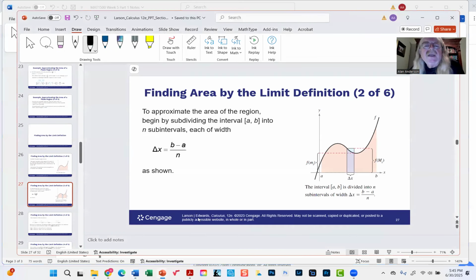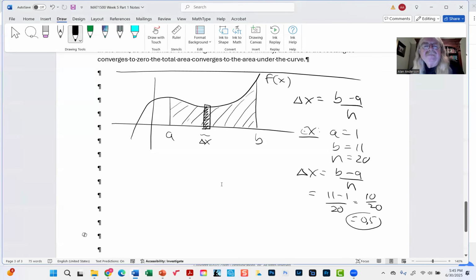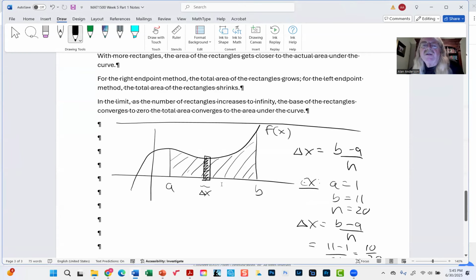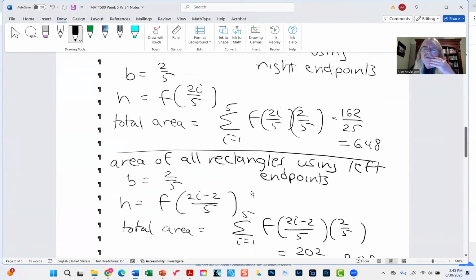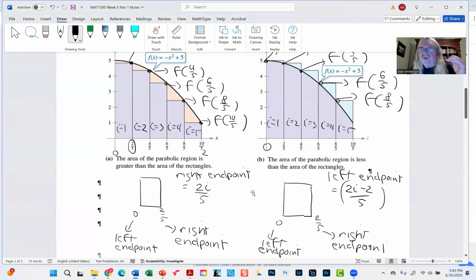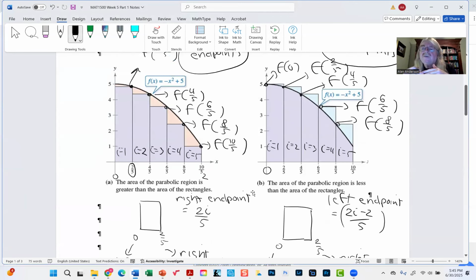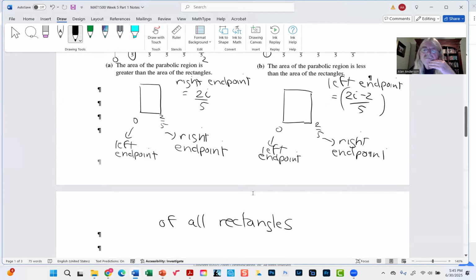All right, so that's the base. The height of that rectangle, oh, by the way, I forgot to mention, as we increase the number of rectangles here, not only are we getting closer and closer to the true answer, but these two approaches are also converging to each other. In other words, eventually, if we have enough rectangles, both approaches, left and right endpoints, will converge to the correct answer.